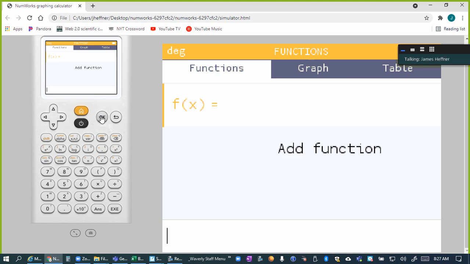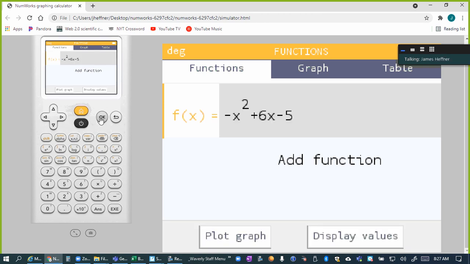So now we're going to do negative x squared, plus 6x, and then minus 5, right? Okay? So let's go and graph that. See what happens.